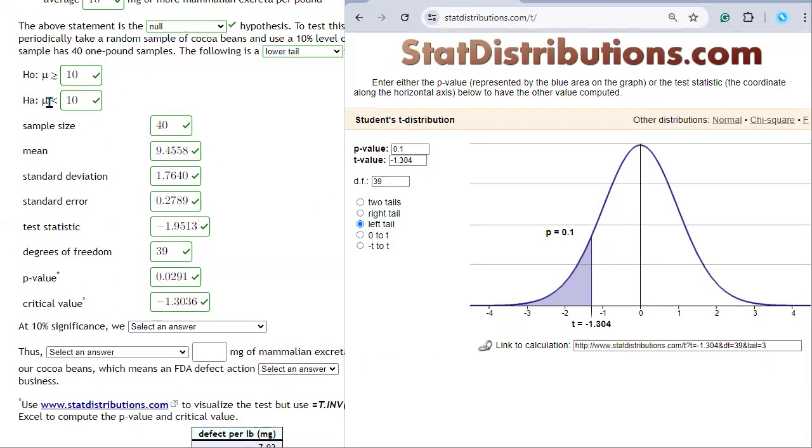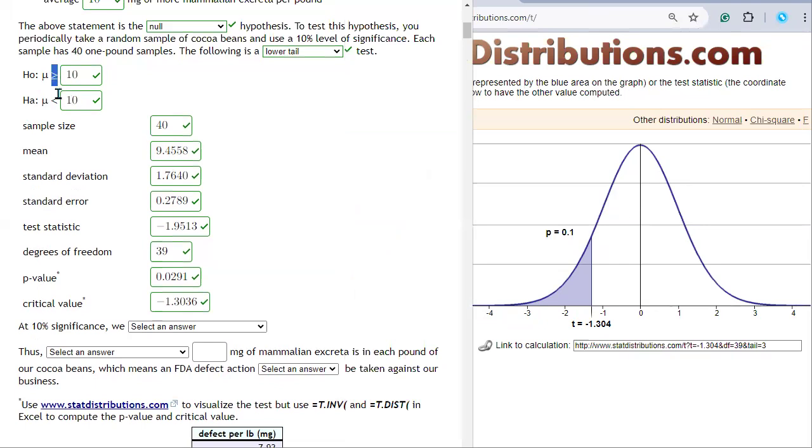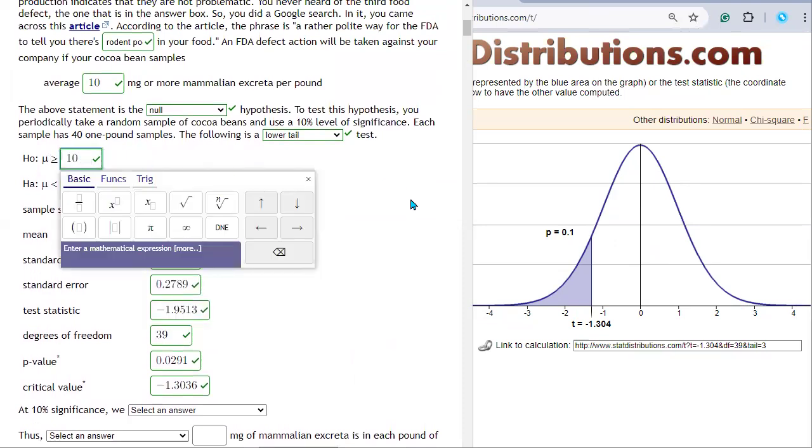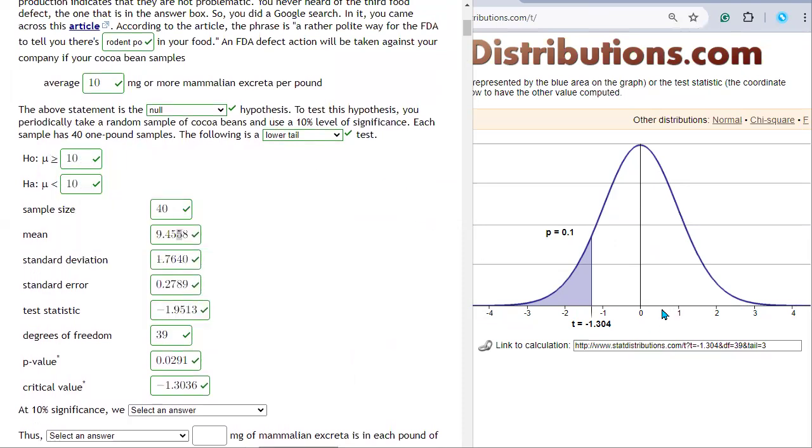The alternative hypothesis is pointing to the purple tail. The null hypothesis is pointing to the area around 0. That's the equal to part. And then it's pointing to the right. If the difference between the sample mean and 10 were positive, our test statistic would be on the right side of 0. It'd be somewhere here.